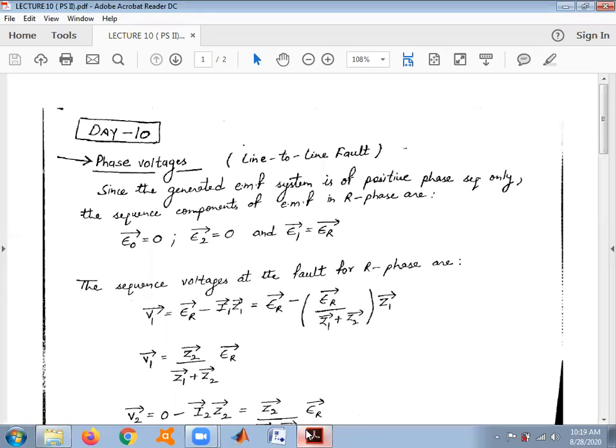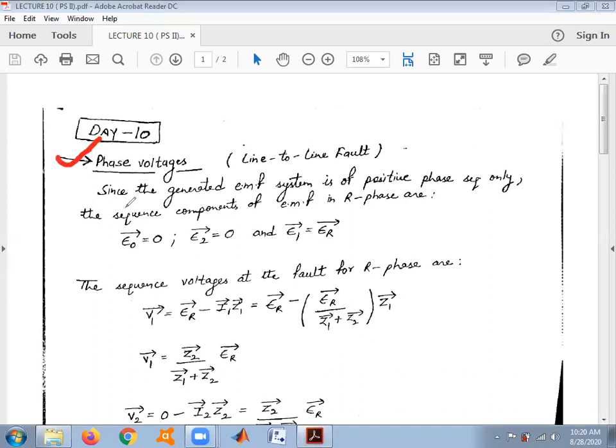Before starting our discussion, we have to remember the assumptions which we had taken for the analysis purpose. The first assumption is the EMF generated will be of positive sequence only. Current only flows through the phase through which the fault occurs.